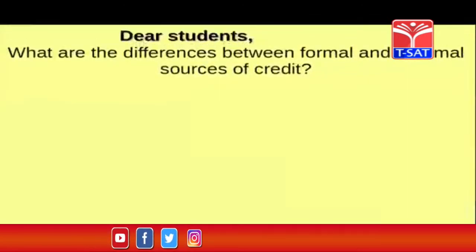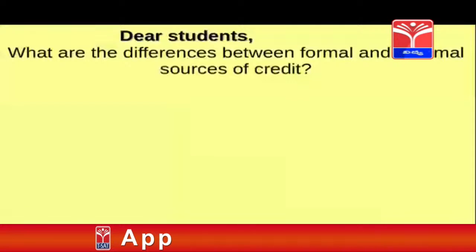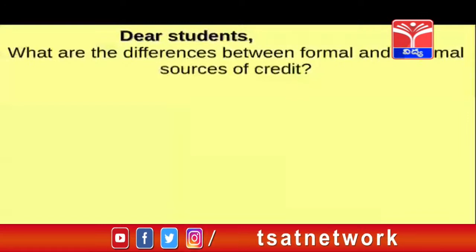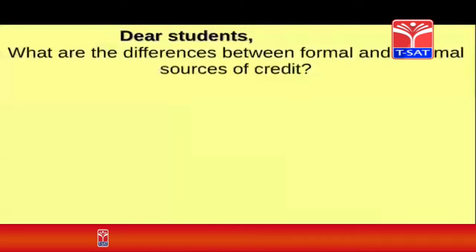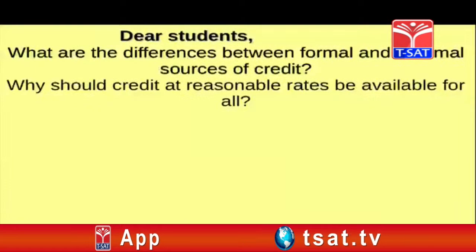Dear students, what are the differences between formal and informal sources of credit? Why should credit at reasonable rates be available for all?